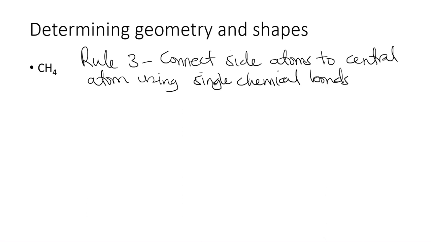So in this case, we are going to have carbon here, and then hydrogen, hydrogen, hydrogen, hydrogen. So connect side atoms to central atom using single chemical bonds.